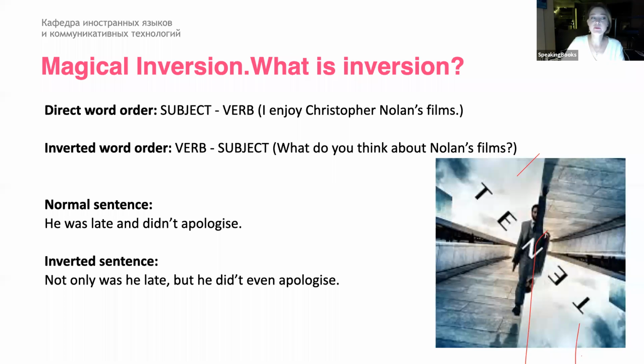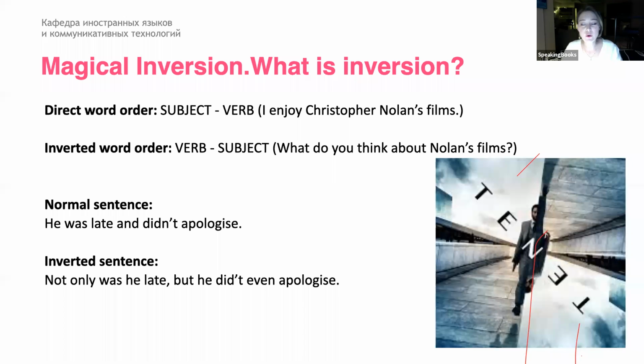Anyways, inversion in language is the following. We have direct word order typically in the English language sentence. First goes the subject, then goes the verb. Подлежащее, сказуемое. This is quite fixed for the English language. For example, I enjoy Christopher Nolan's films.